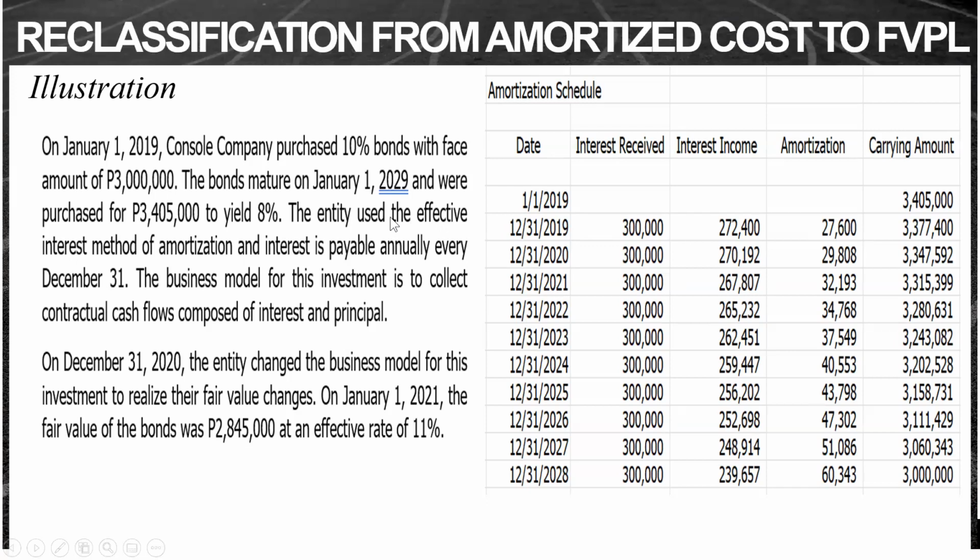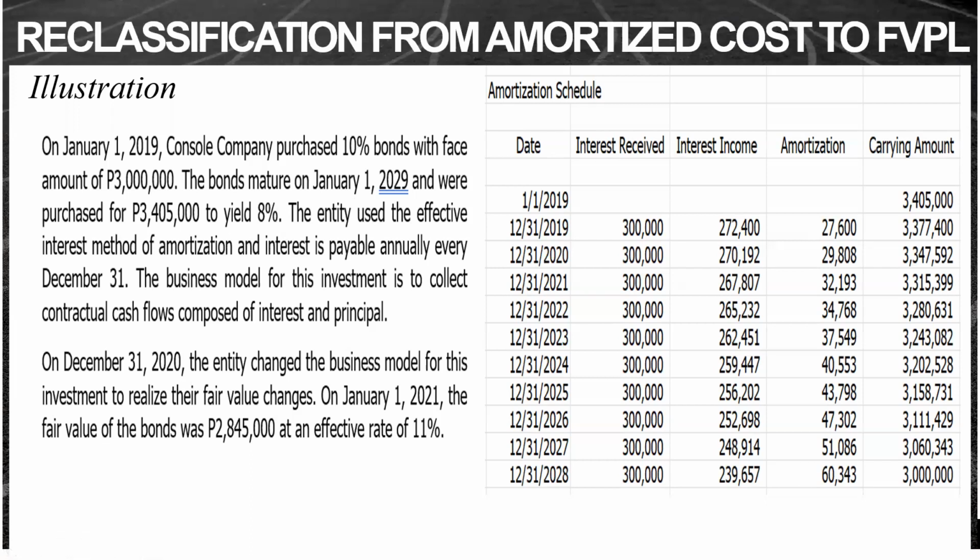So yung interest received natin, that's computed as 3 million, the face value, times 10%, the nominal rate, so you have 300,000. Yung interest income naman natin, that is from your carrying amount of 3,405,000 times the effective rate of 8%. So that's why you have here 272,400.